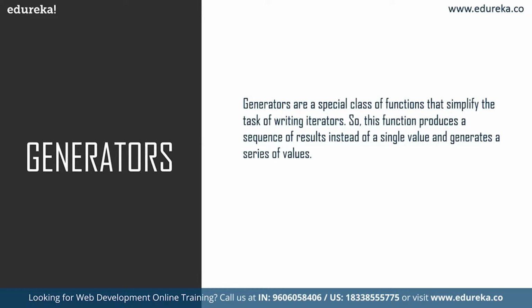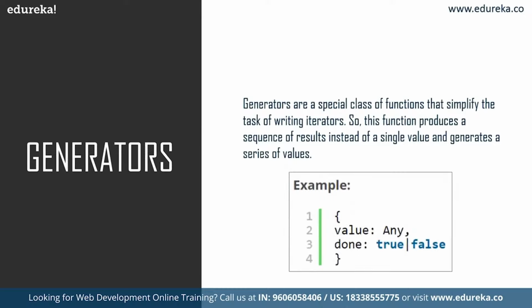Every invocation of next will return an object of this shape: a value of any type and done, true or false. The value property will contain the value. The done property is either true or false. When done becomes true, the generator stops and won't generate any more values.